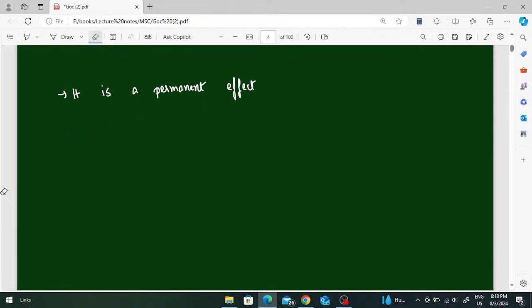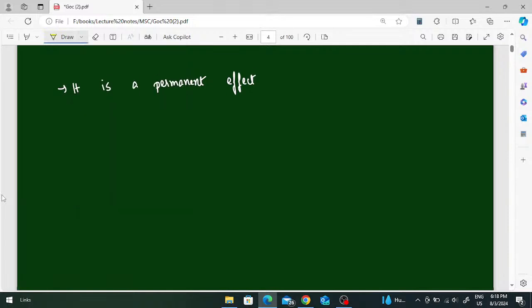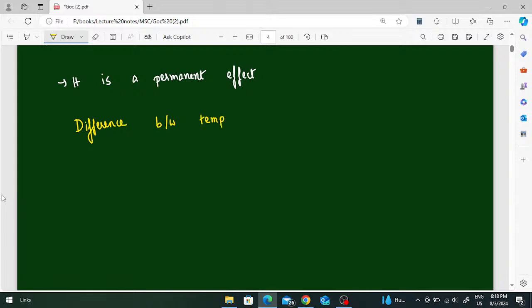Now let's talk about the difference between temporary and permanent effect.